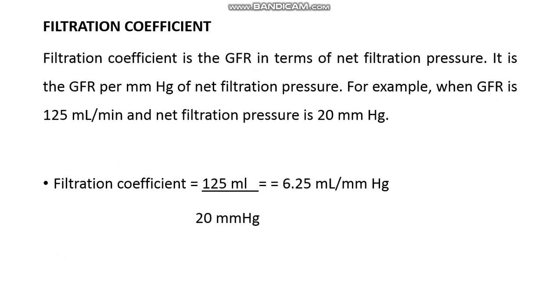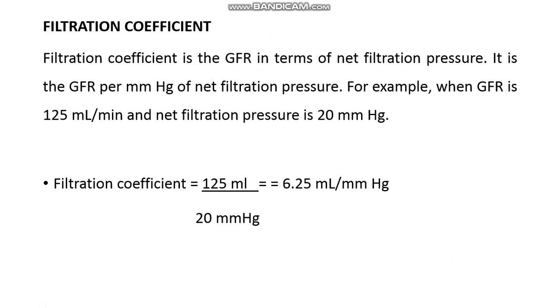For example, when GFR is 125 ml per minute and net filtration pressure is 20 mm of Hg. As per the definition, the filtration coefficient is the GFR per mm of Hg of net filtration pressure.